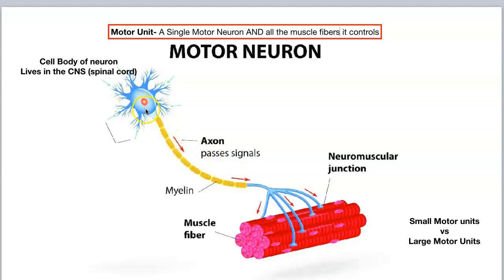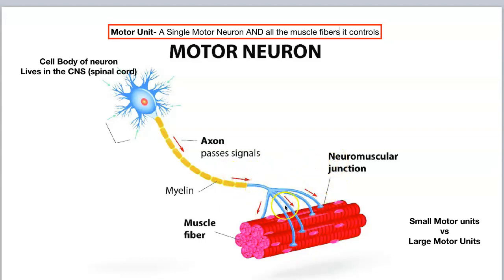It's an extension of its cytoplasm, and this is where the action potential, the electrical impulse, is going to be traveling out to the muscles. So this single motor neuron controls how many muscle fibers? Here's its axon. Once it gets to the muscle tissue, it's going to branch. And it has here 1, 2, 3, 4, 5 branches.